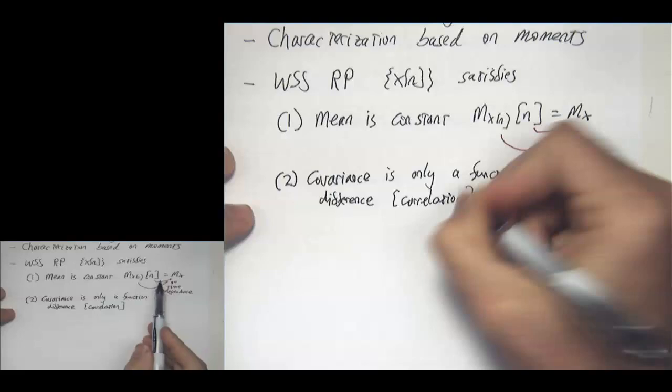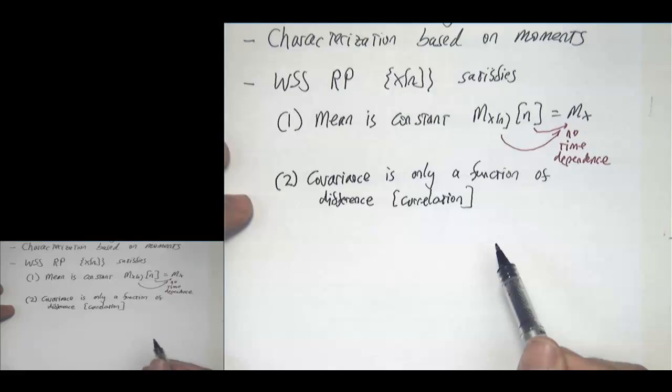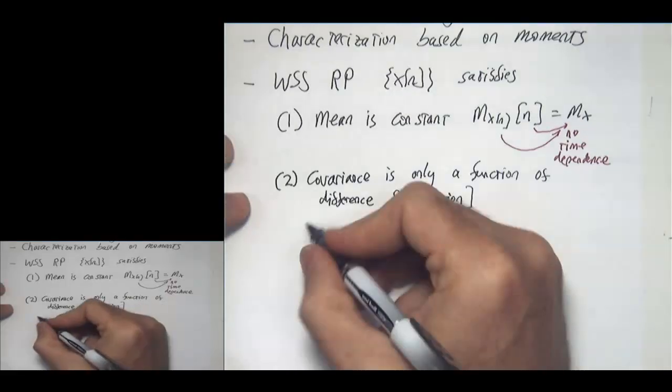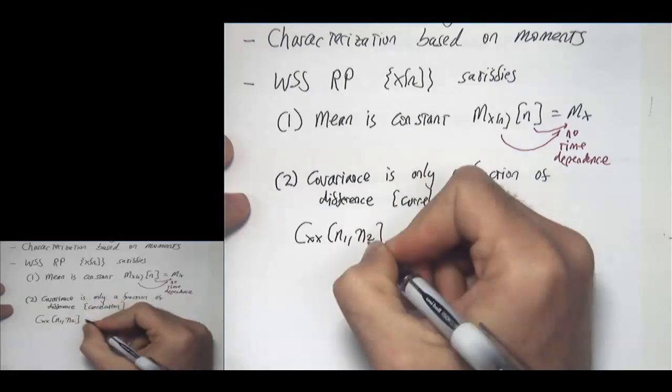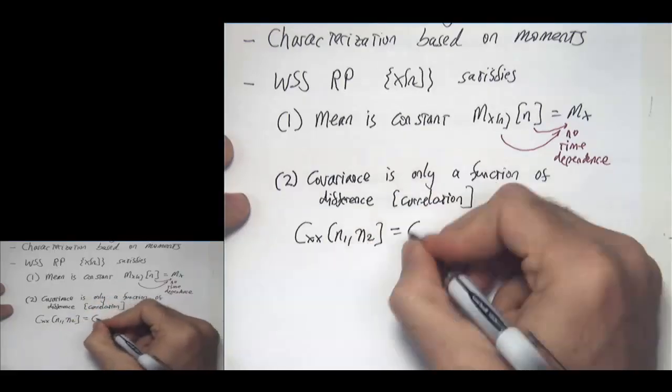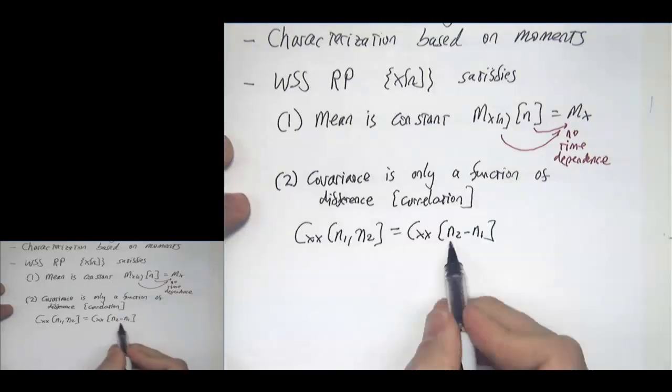Right? Because if the mean is a constant, then it just has a constant effect on all the covariance terms. So you can check the covariance or correlation. What this means is that I can write this function here, n1 comma n2, which is a two-dimensional sequence, as a one-dimensional sequence with the argument n2 minus n1.